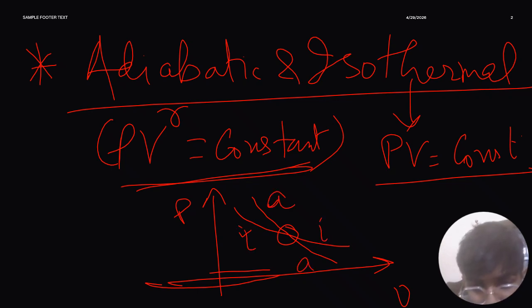You have to understand this. Sometimes it is asked in the paper to identify the adiabatic and isothermal process in the graph. So this way you can identify.